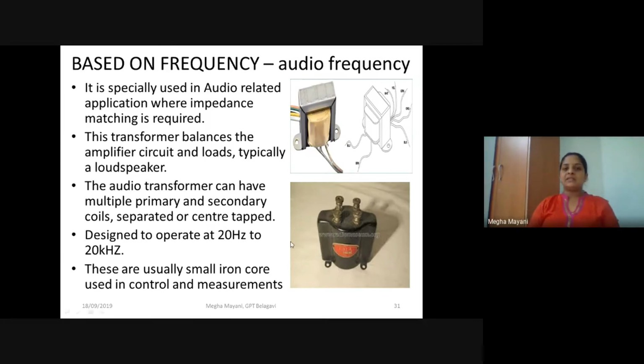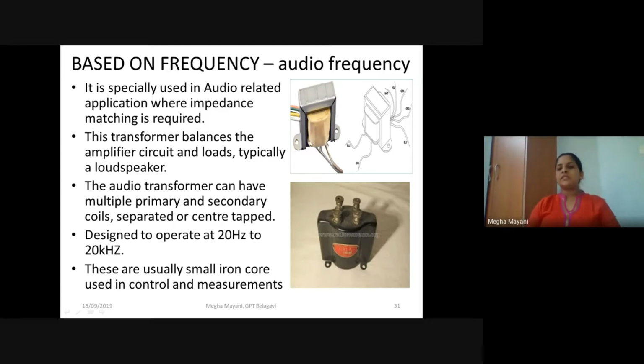These balance the amplifier circuits and loads, typically at the loudspeaker. Since these type of transformers operate in the audio range, these are used in the loudspeakers. So you can see the image corresponding to a typical audio frequency transformer here.